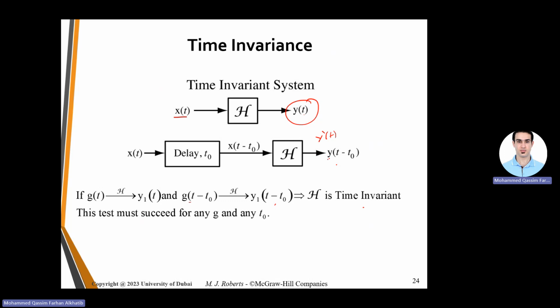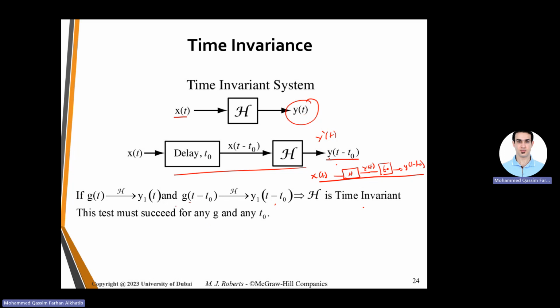Now the other one: I have x of t, I apply it to the system h, and I get y of t. Then I have the delay t naught, which should give y of t minus t naught. If these blocks give the same result, then my system is time invariant.